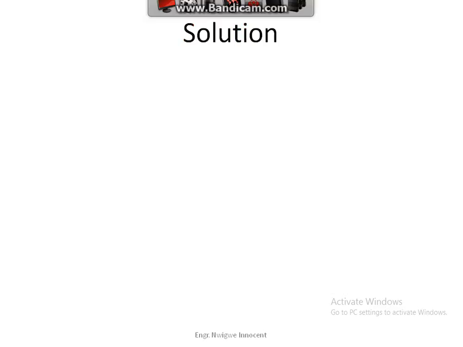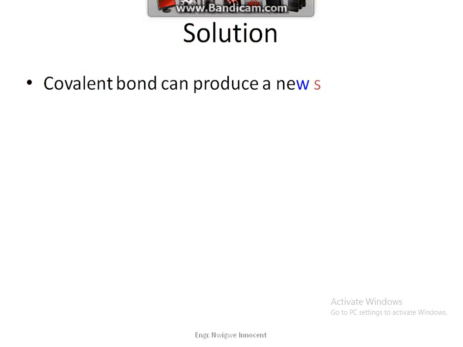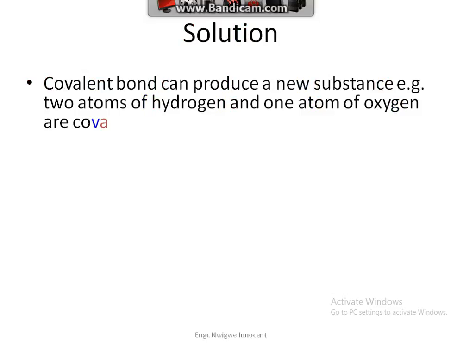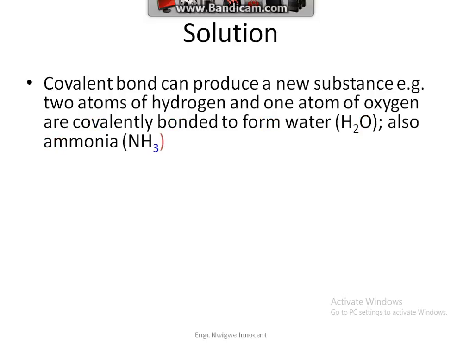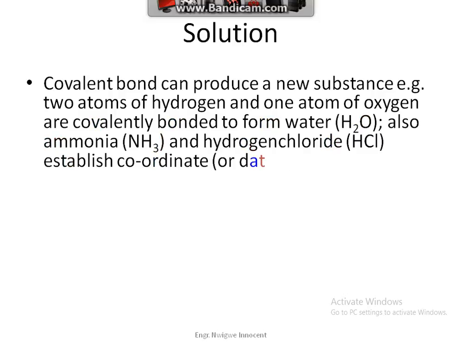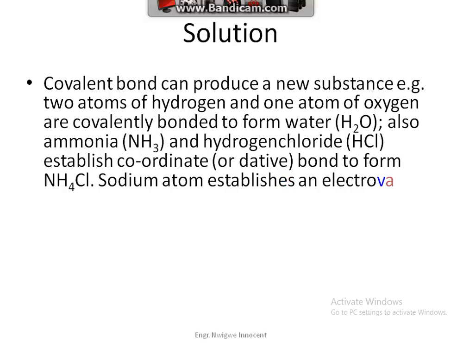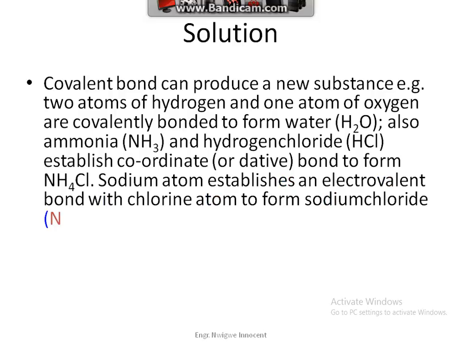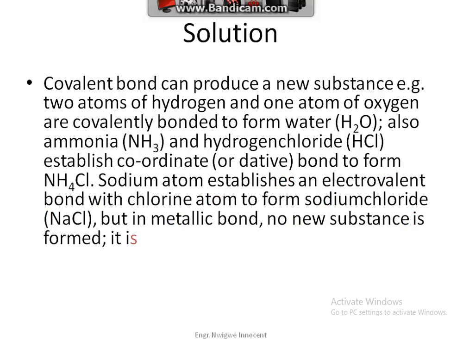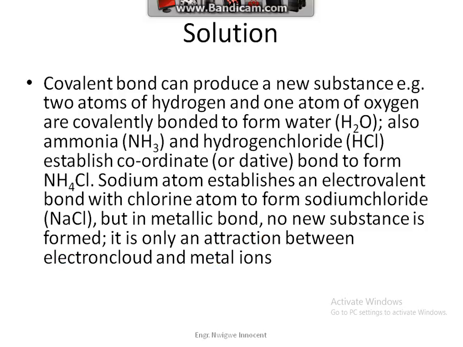Solution. Covalent bonds can produce a new substance. Example, 2 atoms of hydrogen and 1 atom of oxygen are covalently bonded to form water, H2O. Also, ammonia and hydrogen chloride, HCl, establish coordinate or dative bonds to form NH4Cl.